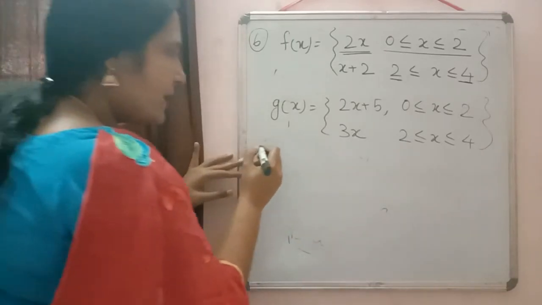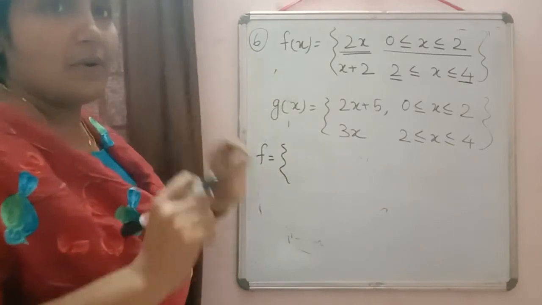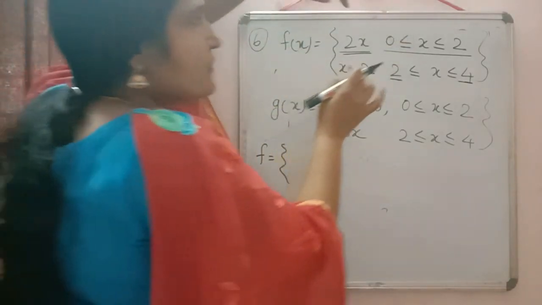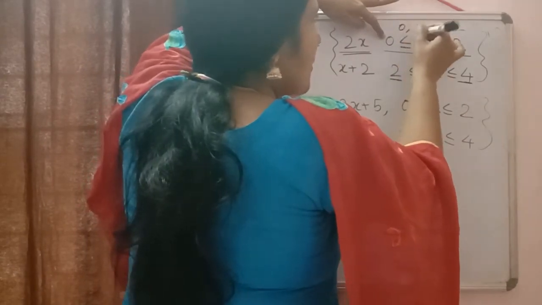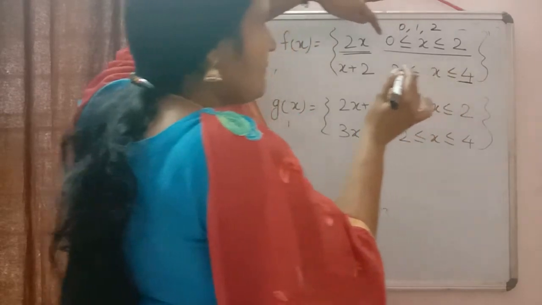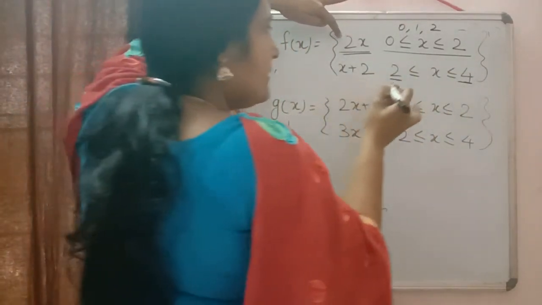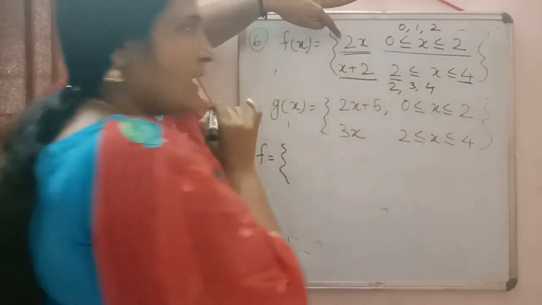Shall I write directly the ordered pairs? If x is equal to 0, what values can x take? From 0 to 2, so we have 0, 1 and 2. When the values are 0, 1 and 2, we will take this function, and when values are 2, 3 and 4, we will take the other function.